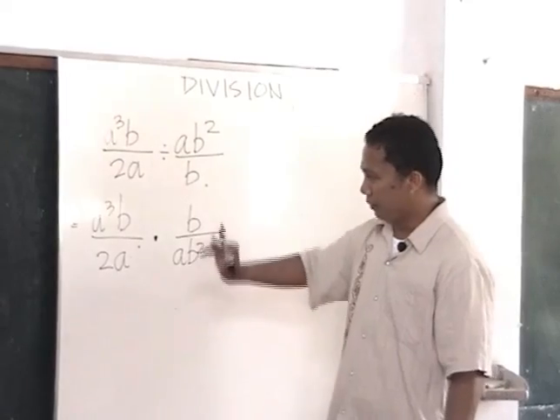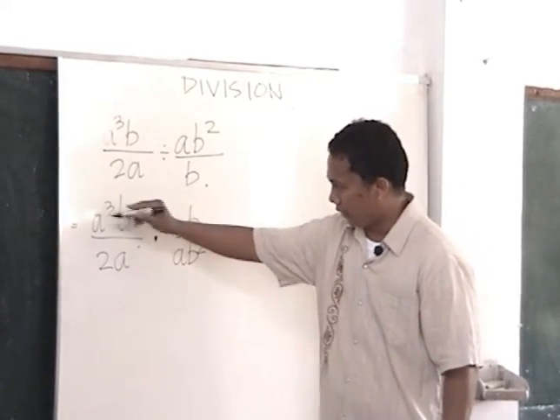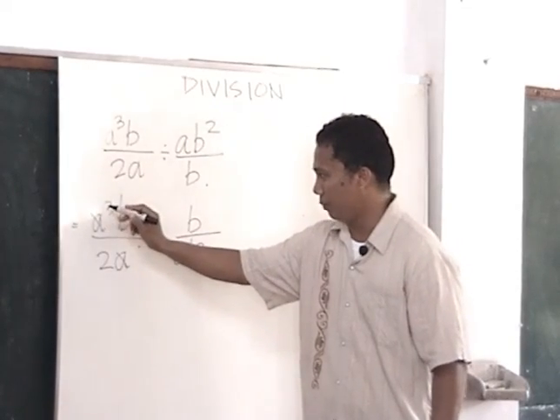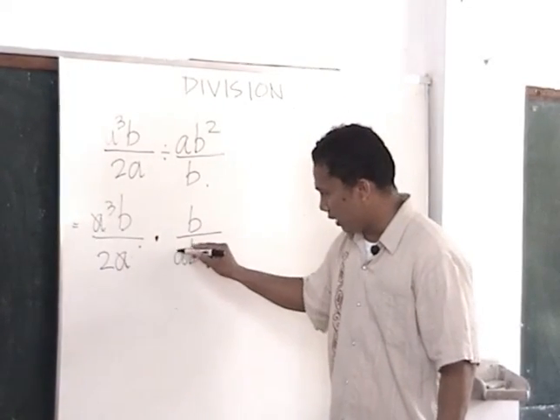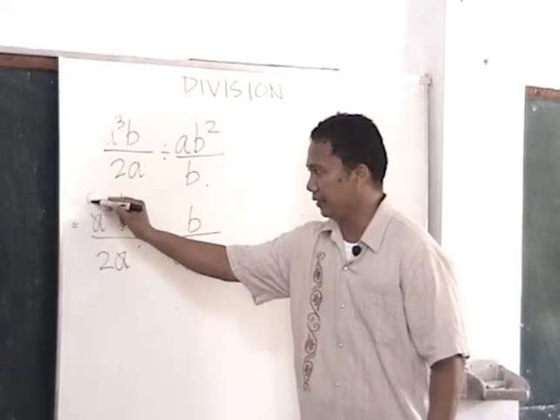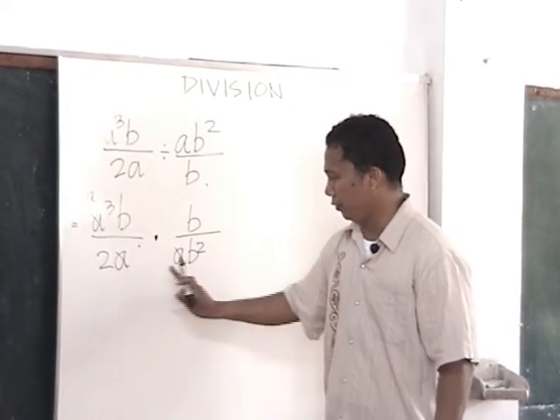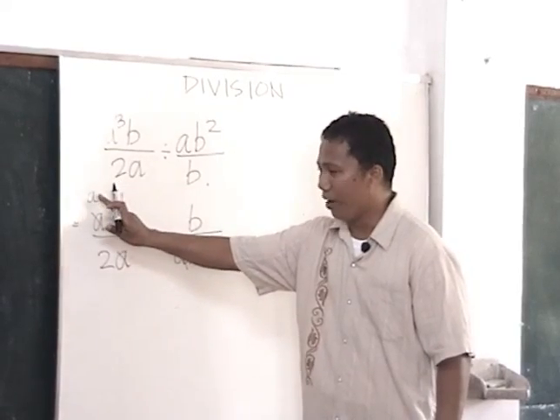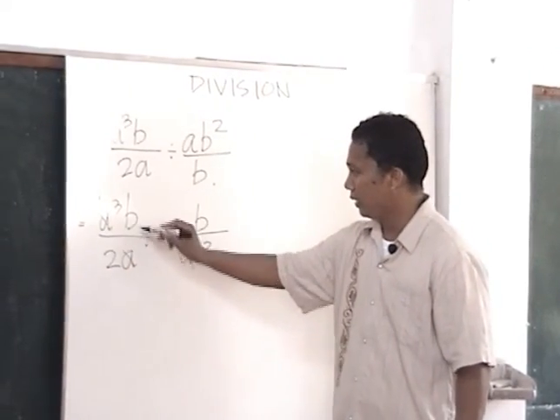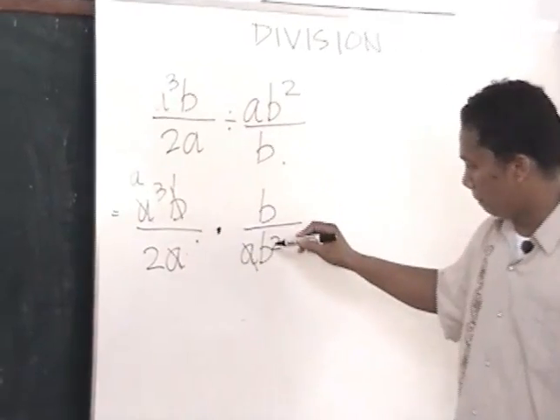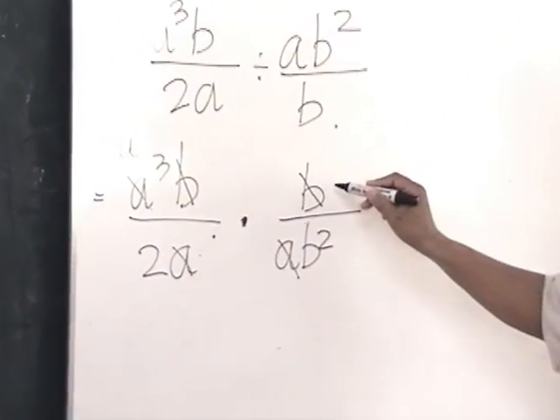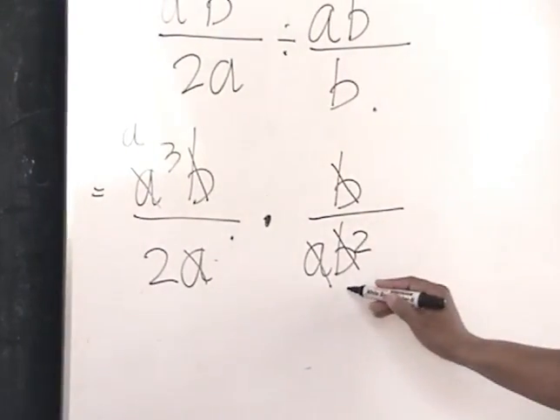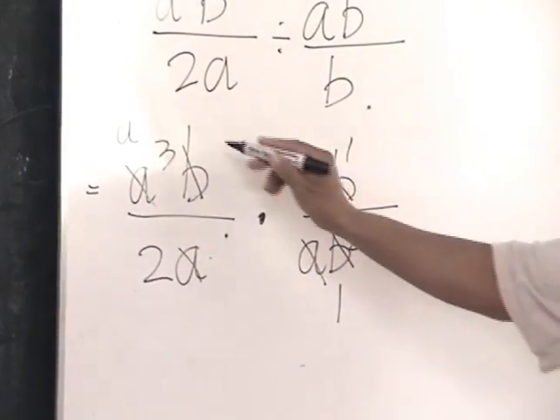So this is now the multiplication process, and then we can apply the cancellation process. We have a and a here, we can cancel them out. What remains is a squared. And another one, we have to cancel 2a with a here. What remains is 1a. We have b and another b, so we have b squared, and we have here ab squared, so it will be cancelled out. What remains is 1, and this is 1 over 1.